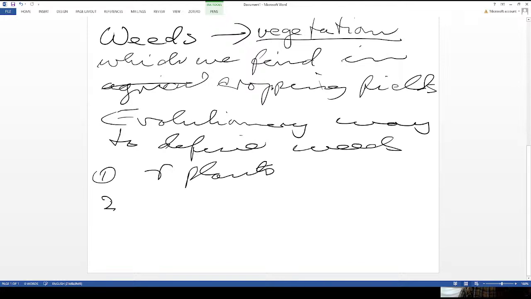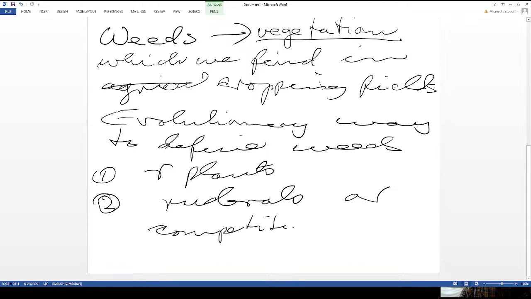Or these could be ruderals. Or competitive plants. Remember, there are two approaches.